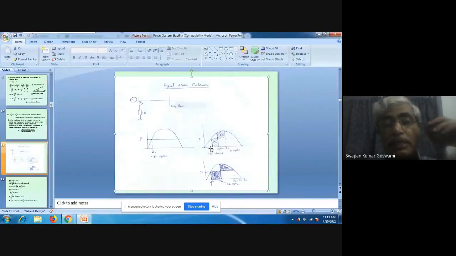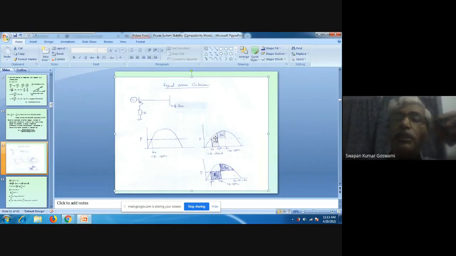Since at delta 0 speed was synchronous and also at delta 2 speed is synchronous, obviously energy extracted must be equal to energy inserted. Energy inserted must be equal to the energy extracted. That means A1 must be equal to A2. That means synchronous speed will be restored again when A2 becomes equal to A1.